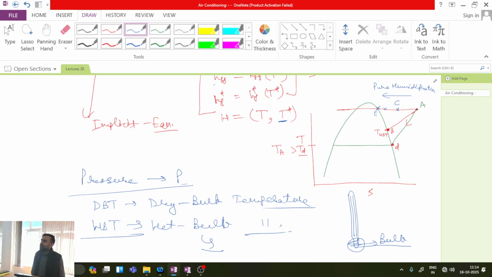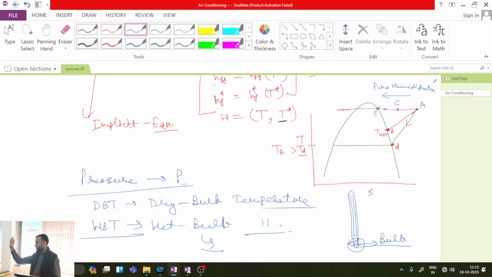Maybe in our lab there is one set of thermometers, like there is one holder, and in that holder there is one thermometer with no contact of wick, then there is another thermometer which has a wet wick contacting the bulb, and that has a handle. Because we are not allowing air to flow over it, with that handle we just rotate it.